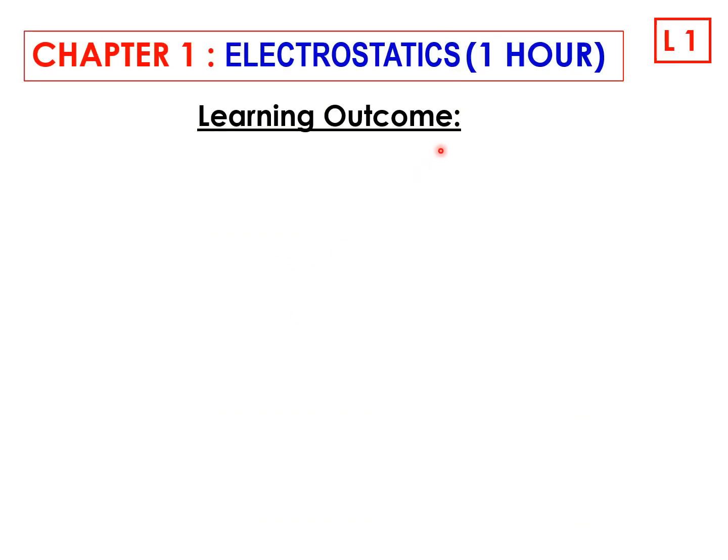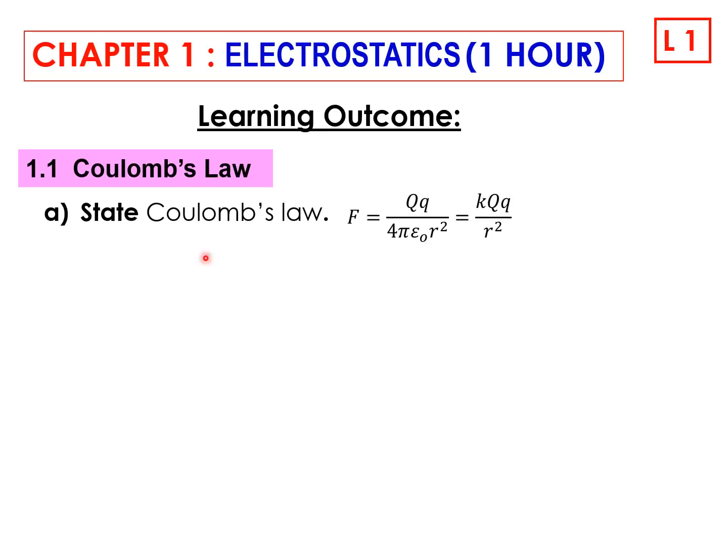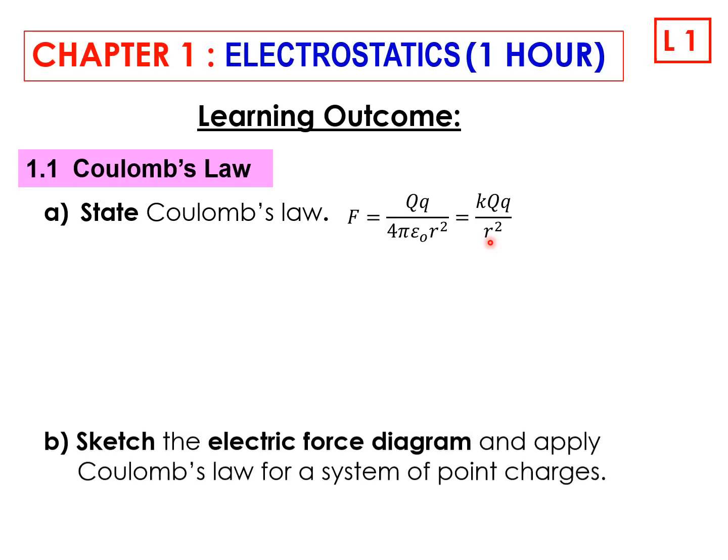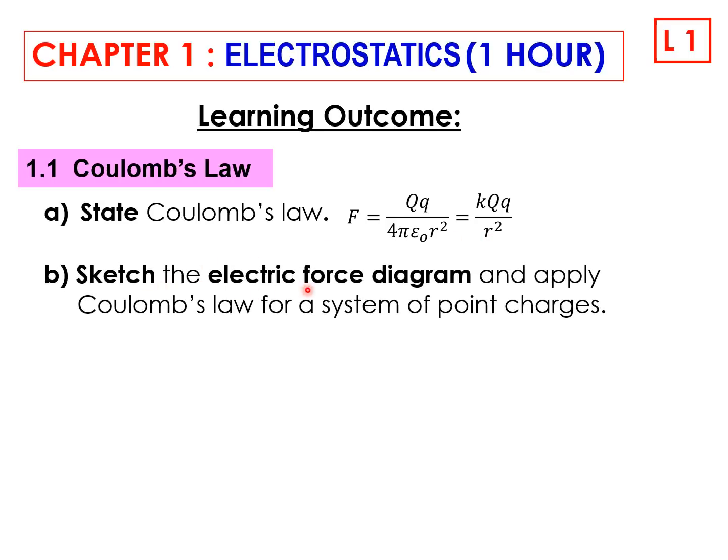Let's see what is the learning outcome for this lesson 1. We'll cover 1.1 and 1.2. 1.1 under Coulomb's law: state Coulomb's law, F equal to KQq over r squared. Sketch the electric force diagram and apply Coulomb's law for a system of point charges.